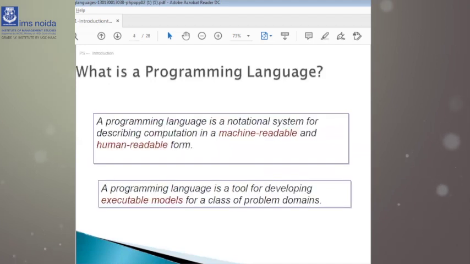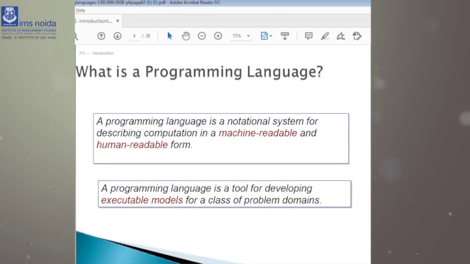Again, a programming language is a notational system for describing computation in a machine-readable and human-readable form, right? Look, there is a very basic definition of programming language where you have to write a code which is understandable by both the machine and human, right?